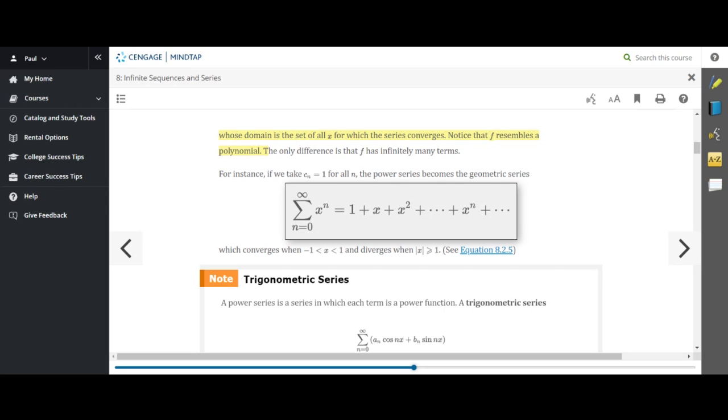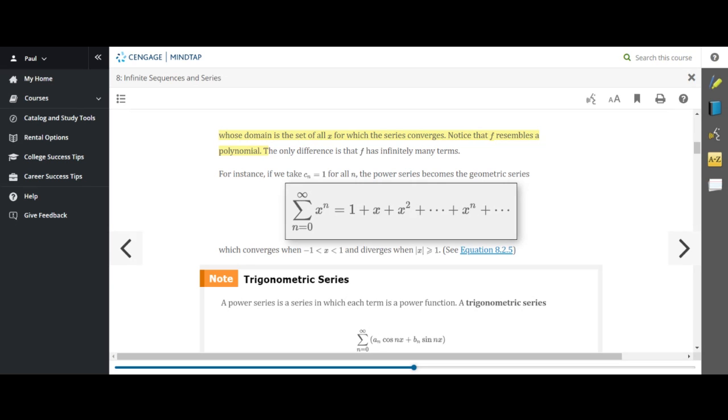If you take the third term of the series, x squared, and divide it by the second term, x, you get x. And this continues. So there's a common ratio of x, and we know that a geometric series will converge if the absolute value of its common ratio is less than 1.